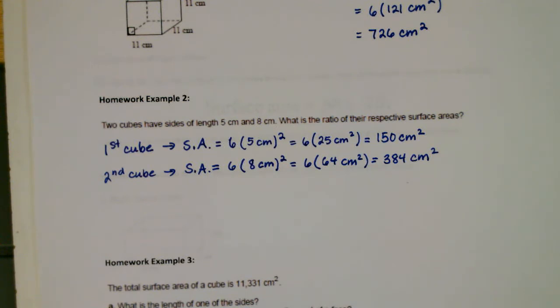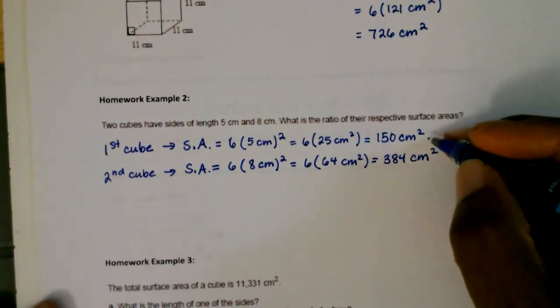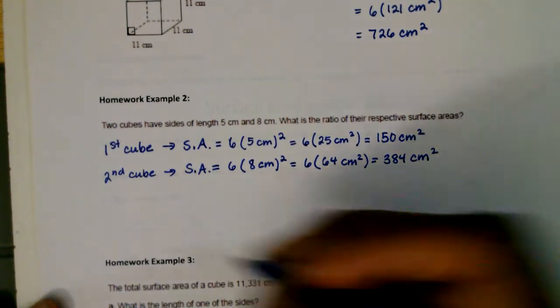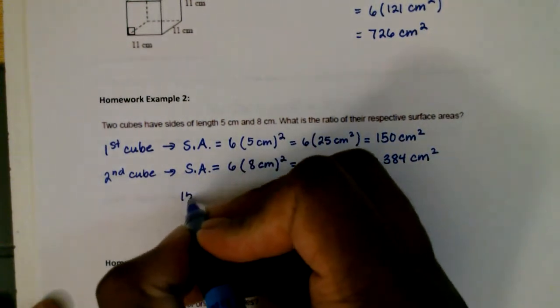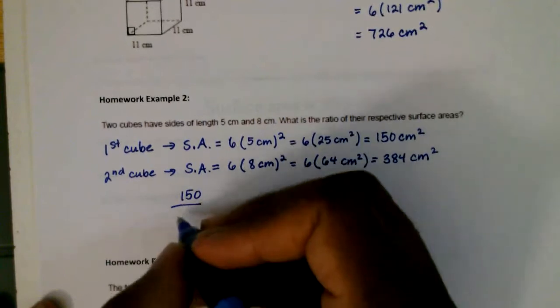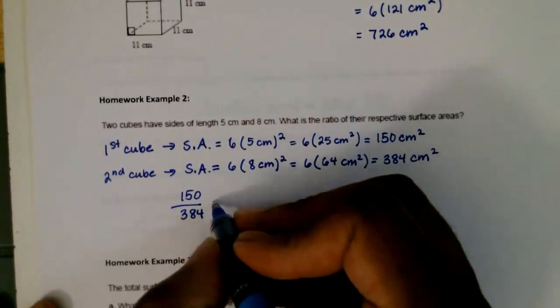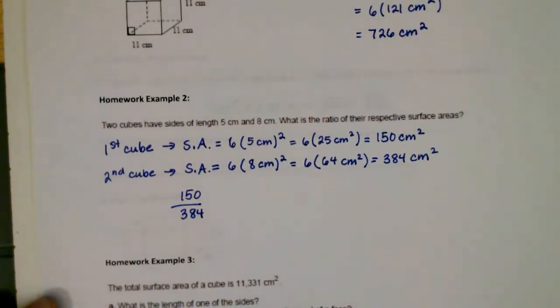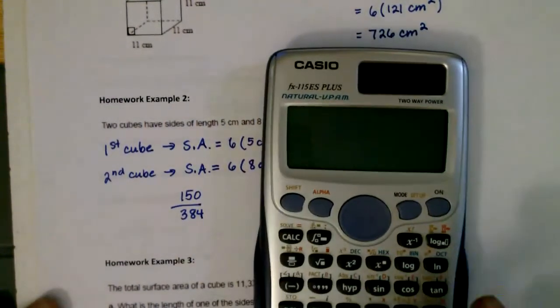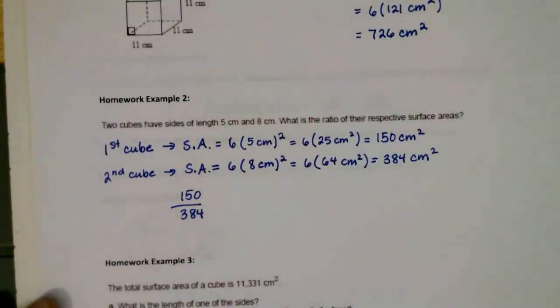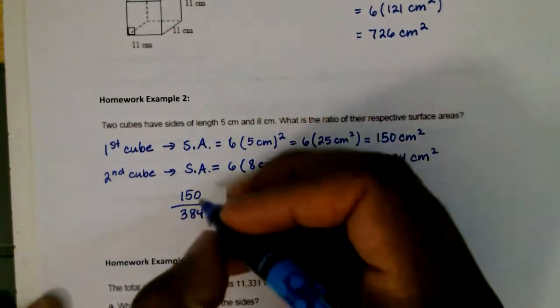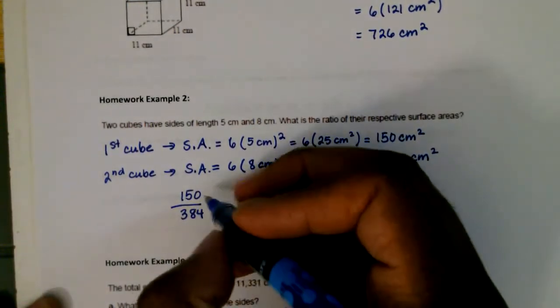Now for the ratio of the first cube to the second, I'll write that as a fraction. That'd be 150 over 384. And to write that in simplest form, I can pretty much use a calculator and find a number that would go into 150 and 384.